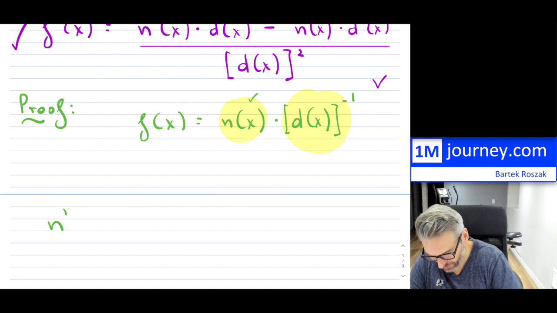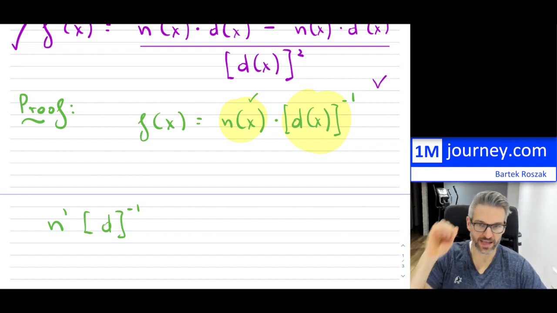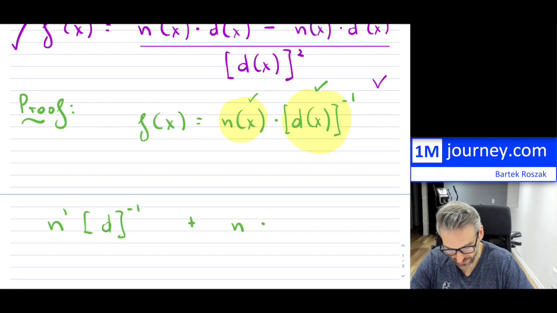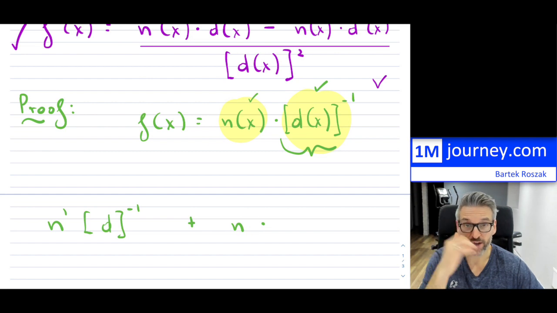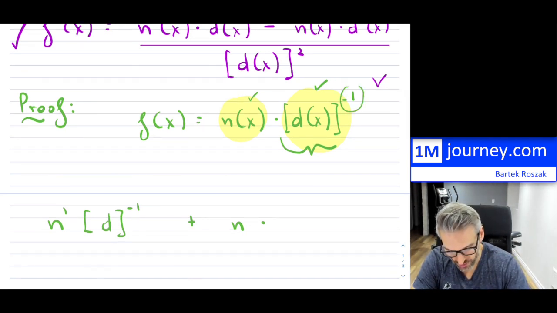And it's going to be multiplied by d, the actual second item right here, plus now it's going to be just n on its own multiplied by the derivative of all of this. And here is where I'm going to be using the chain rule.